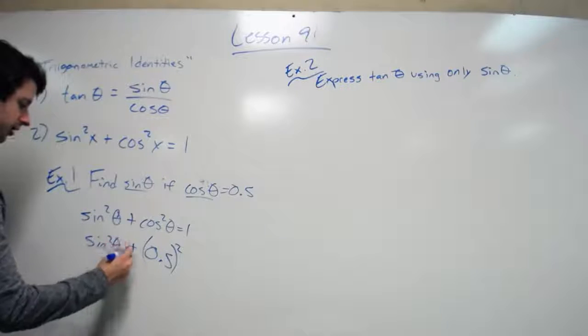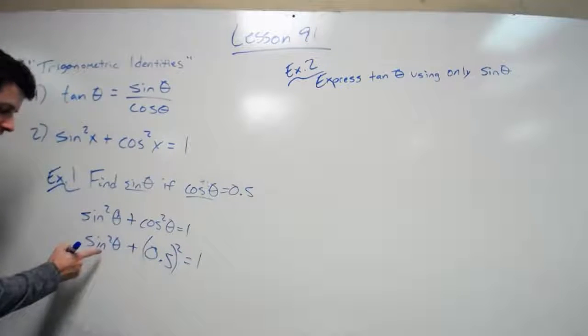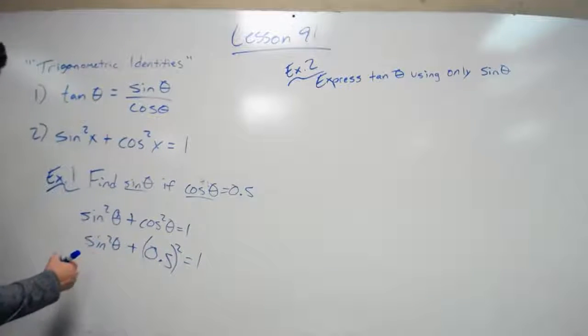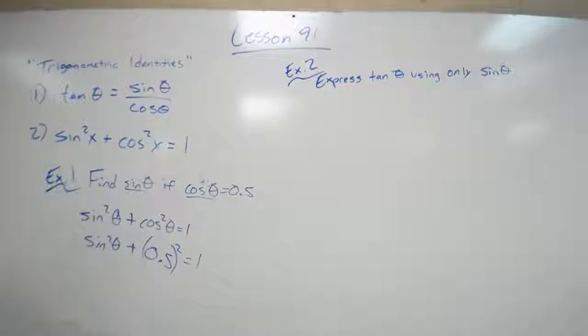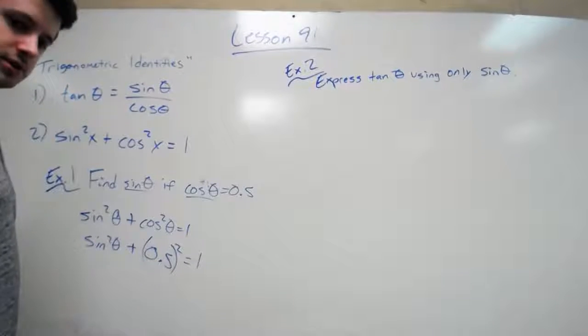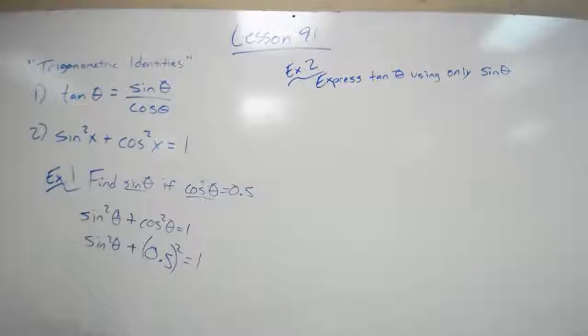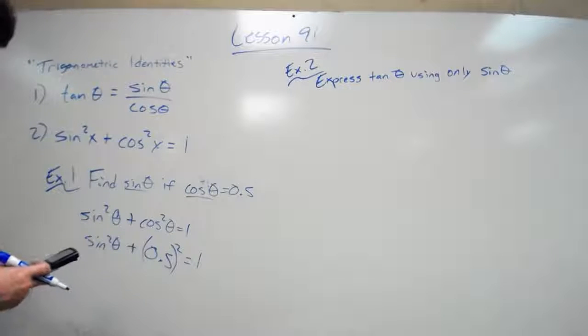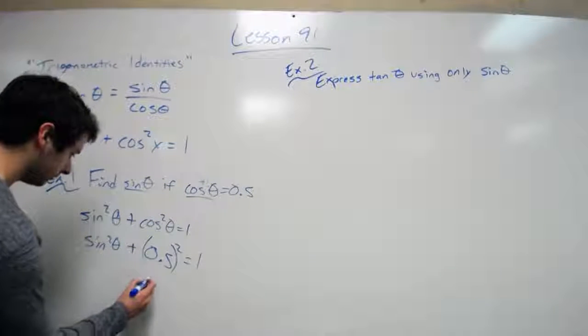Now I'm at a point where I only have one variable in sine of theta. So now I'm allowed to solve. 0.5 squared would be 0.25.